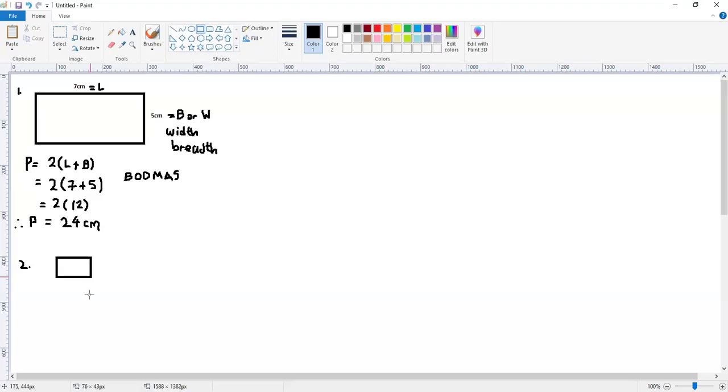For me to draw a square, all I need to do is make sure it looks equal like this, that it's not looking like one side is bigger than the other. This is just an estimate. I'm not even sure about it, but let's pretend it's a square for the purpose of our class.